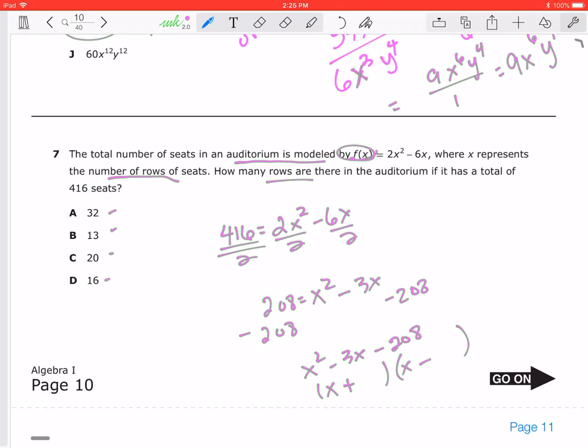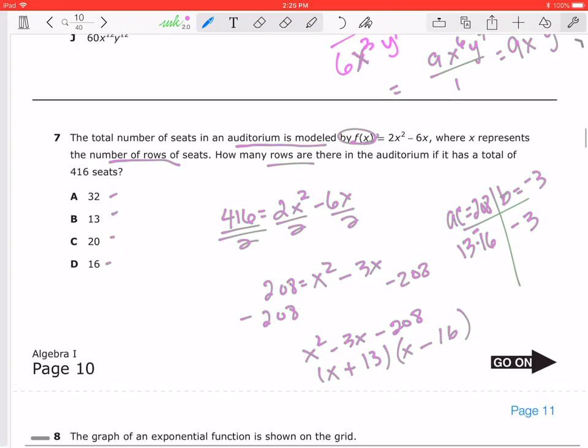And that means our higher value needs to be negative in order to have a negative 3 when we take the sum. So a times c would be 208, and we want b equal to negative 3. 13 will go into 208. 13 times 16 gives us 208, and if I have negative 16 times positive 13, that will give me negative 3. So that would work.